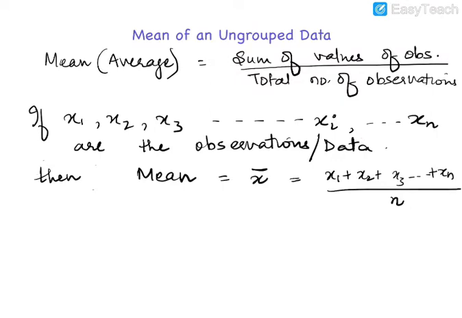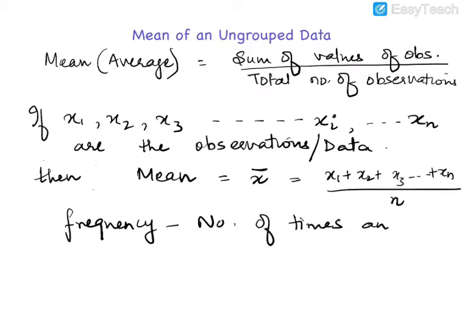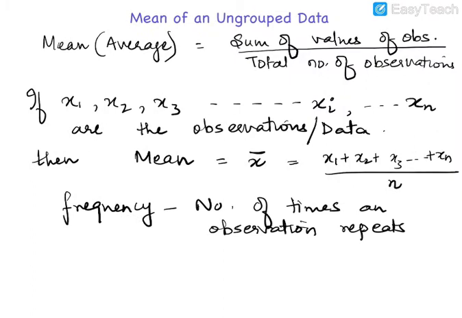Now if observations are repeating themselves, then we represent the repetitions of each observation using frequency. So frequency stands for number of times an observation repeats. So if we know how many times each observation is repeating, then the same formula can be written in a different way.